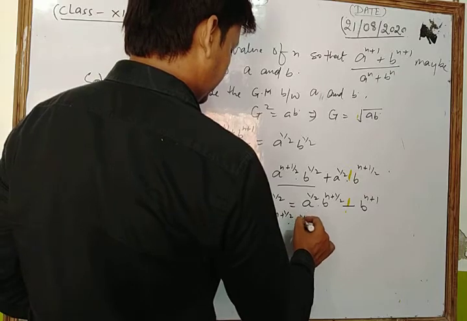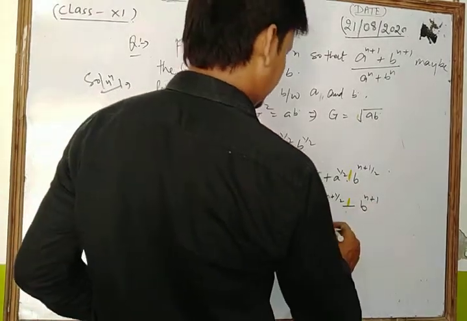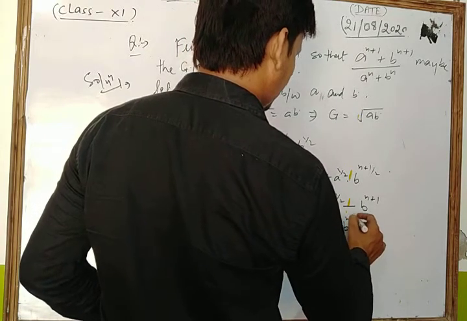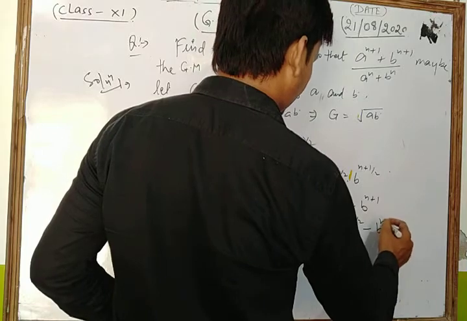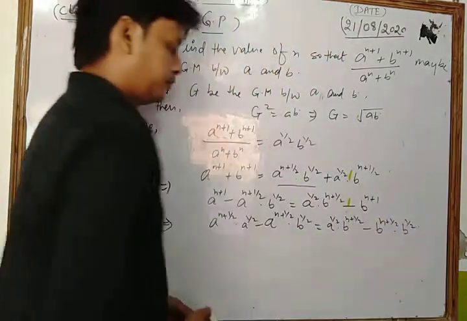into B to the power 1 by 2 is equal to, the same work is done on that side. A to the power 1 by 2 into B to the power n plus 1 by 2 minus B to the power n plus 1 by 2 into, we write 1 by 2 separately.